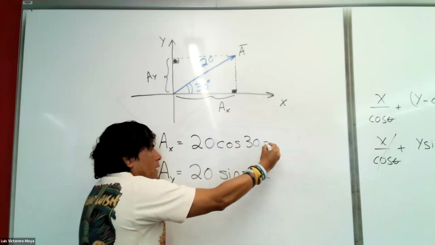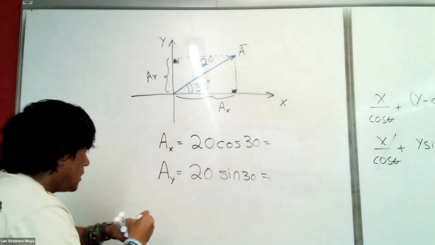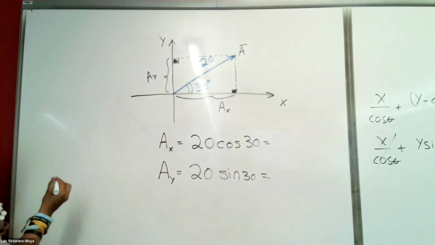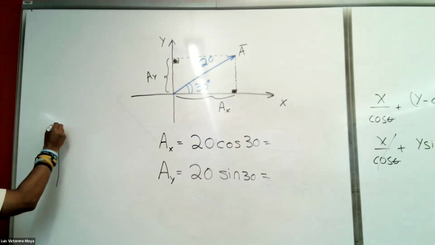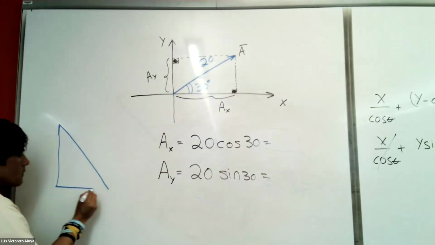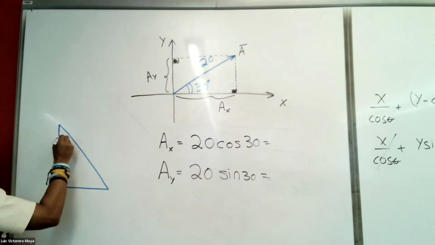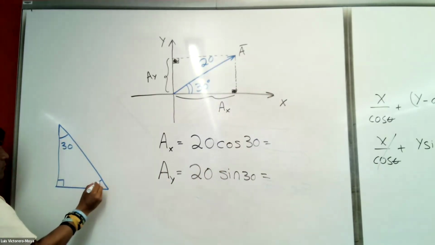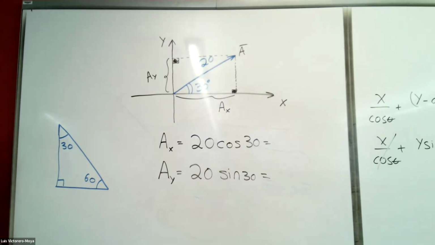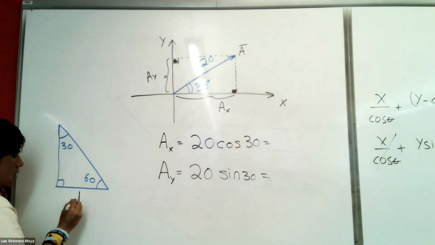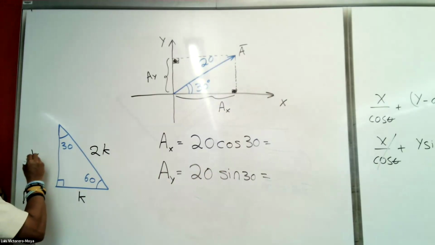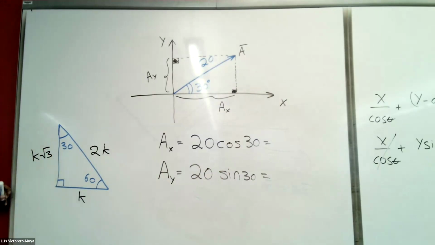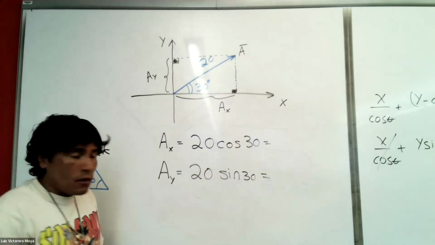Now, you can use a calculator, but I always tell you that at this level, you guys should know your special triangle 30, 90, 60. For that triangle, if this is like K, this is like 2K, this is like K root 3. That's the relationship between the sides.